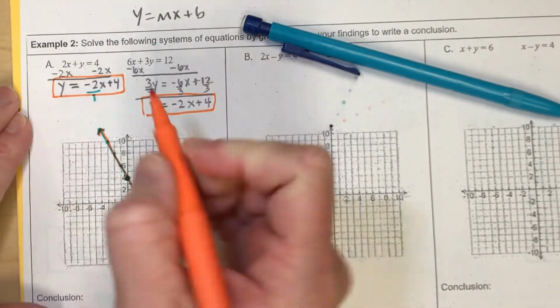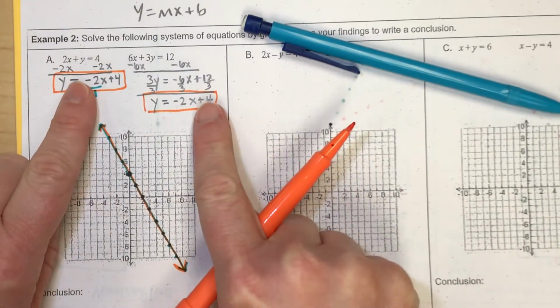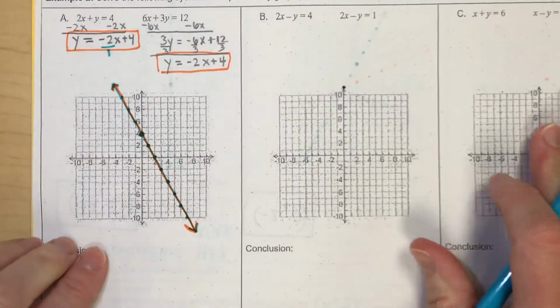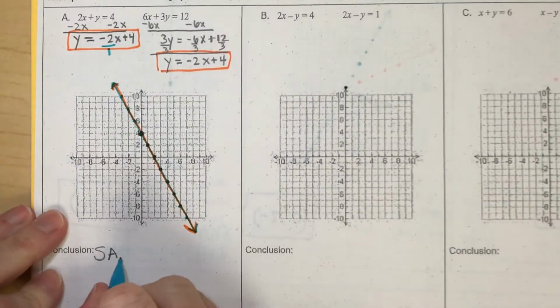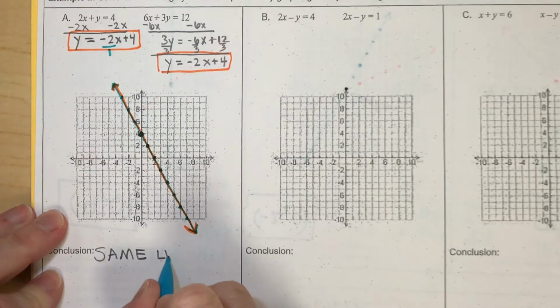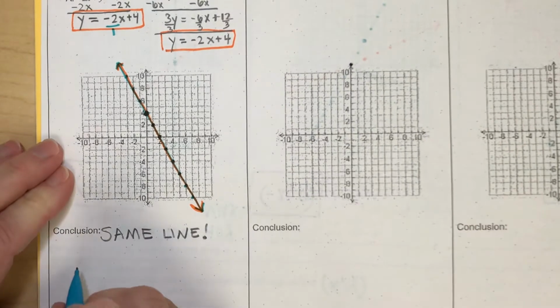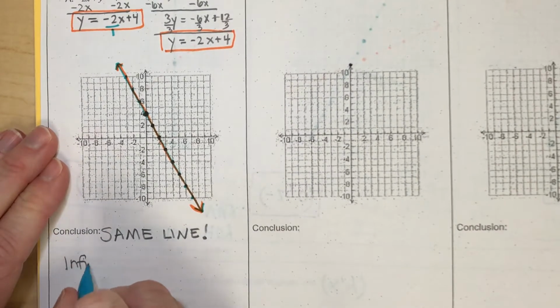All right, now, for these 2 lines, if you notice that they are exactly the same, what we're going to do is write down this for our conclusion. I'm going to write down same line. Same line. And what this means is that they will have infinitely many solutions.